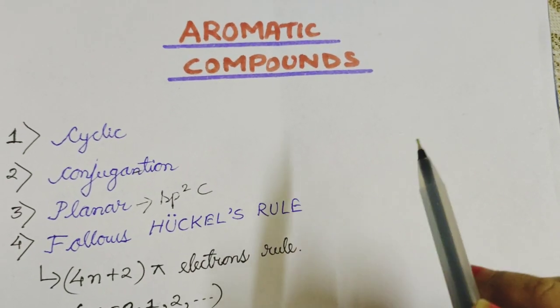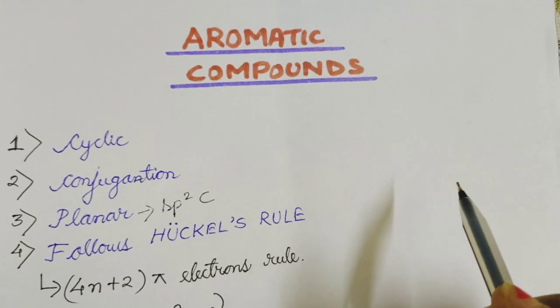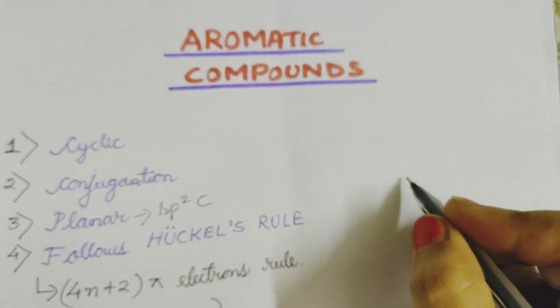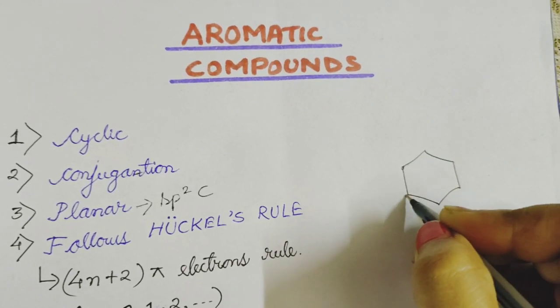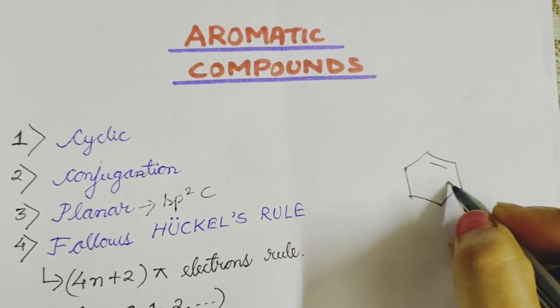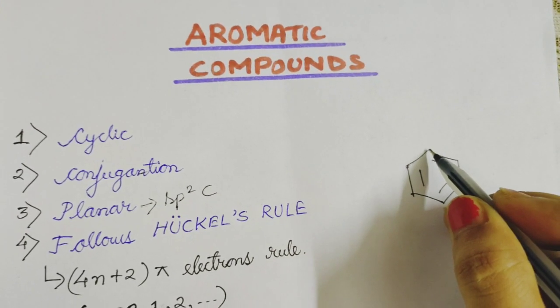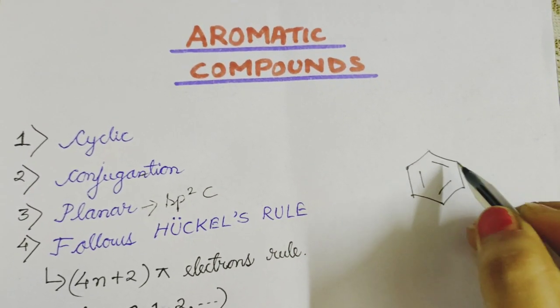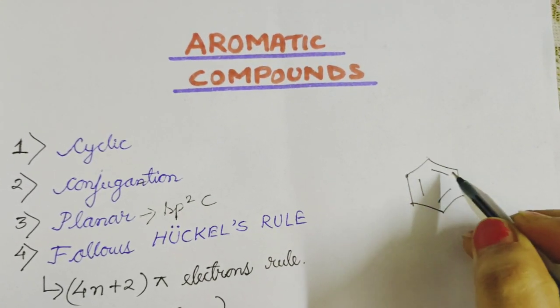Let us understand with the help of an example. The first and most common example which you all would be familiar with is benzene. Here is a benzene molecule. These are all carbon atoms having 3 bonds.